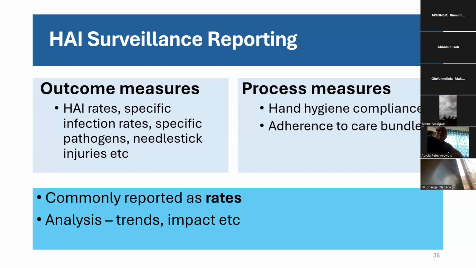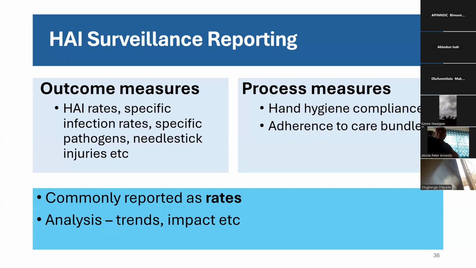How many infections do we have? It could be how many needle stick injuries are present on that ward. Surveillance could even be how well people are utilizing your sharps boxes, or how well people are disposing of refuse or healthcare waste in the appropriate color-coded bins.